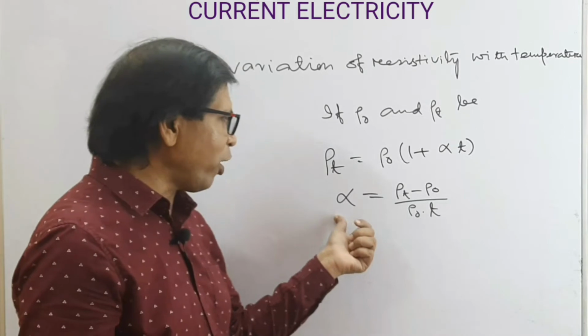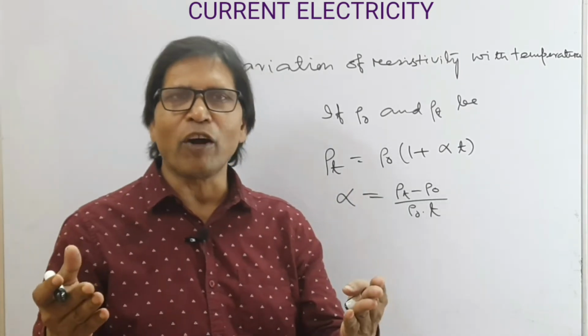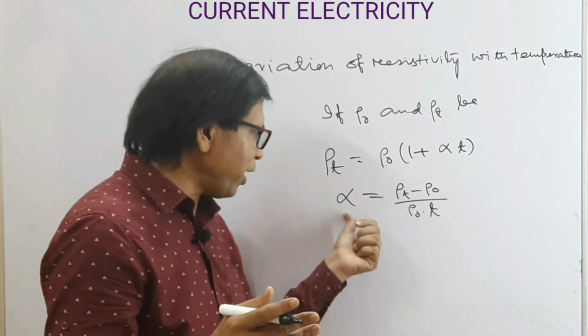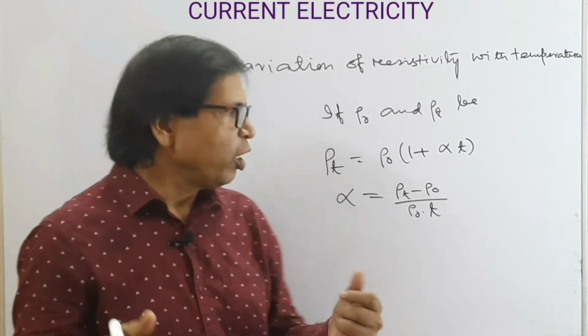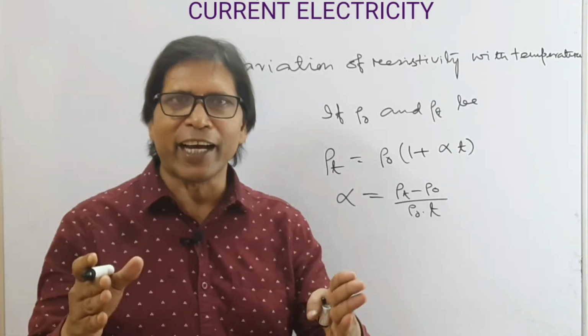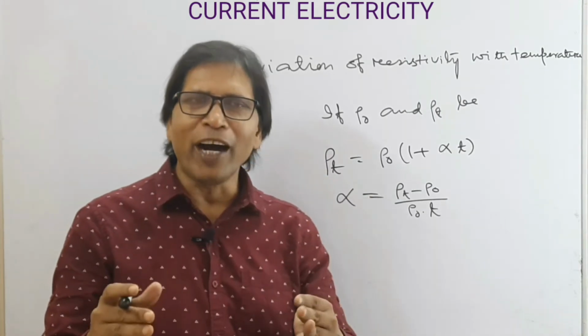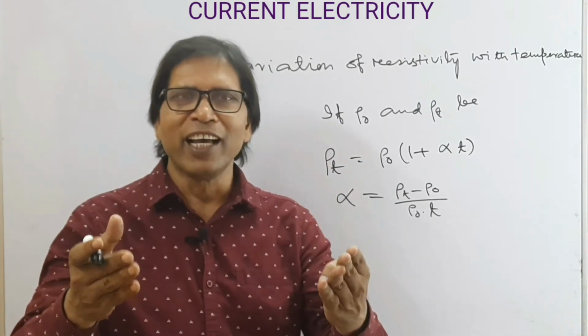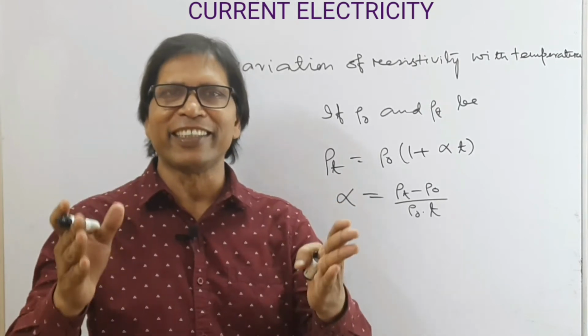For a metallic conductor, alpha is positive, but for a non-metallic conductor, alpha is negative. Substances like manganese and constantan have very low values of alpha. That is why these two substances are used to manufacture standard resistances.